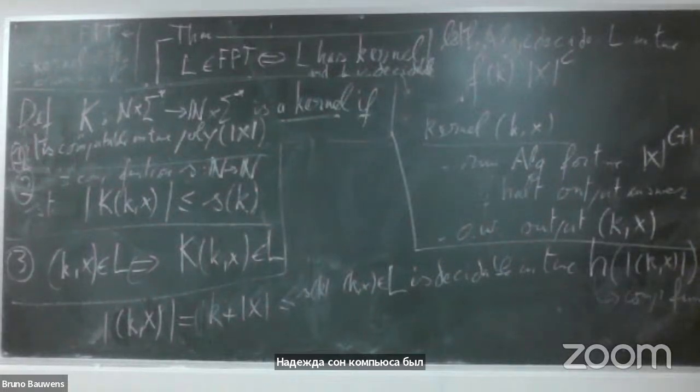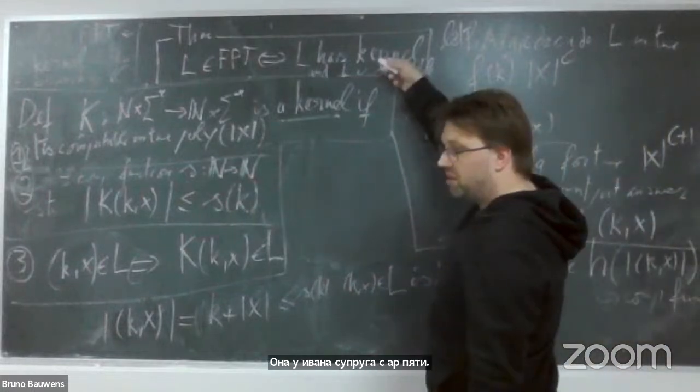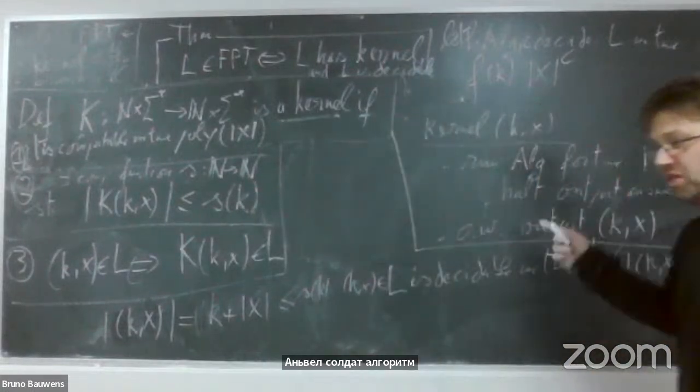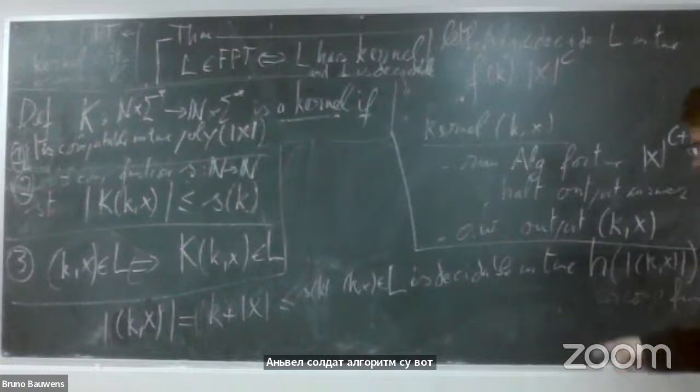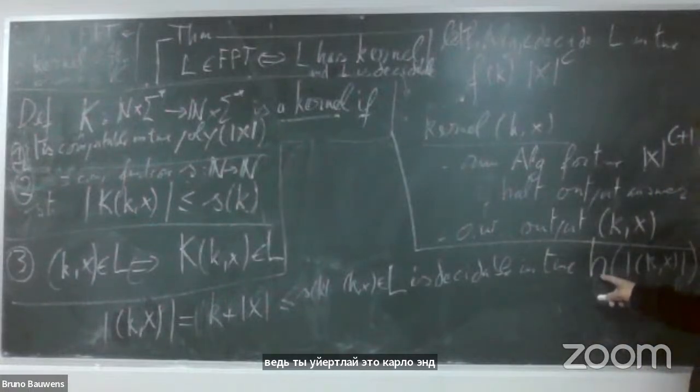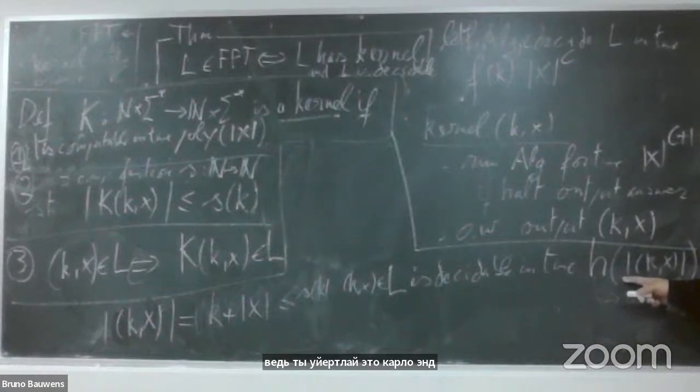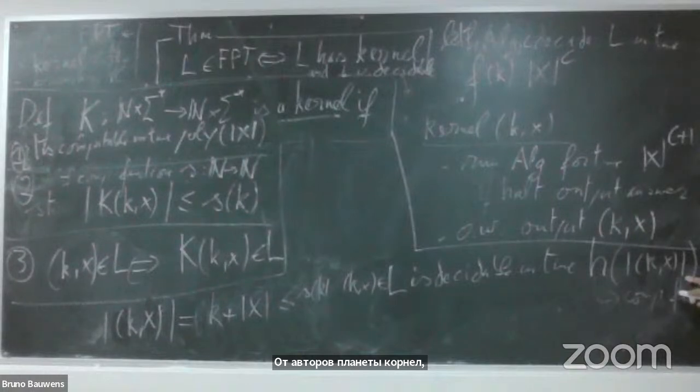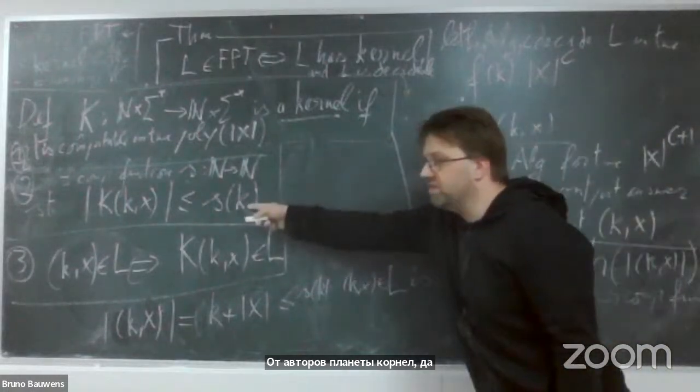Okay, I understand now why we need computable functions. Now we want to prove it's FPT, and we also know that L has a kernel. So we apply the kernel, and the output of the kernel goes to the decider that runs in time H. But after applying the kernel, the length of (k, x) only depends on the parameter k because of the second condition.